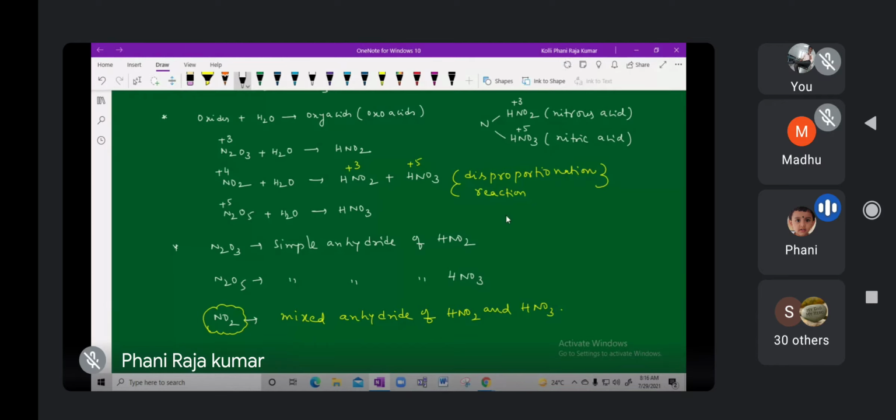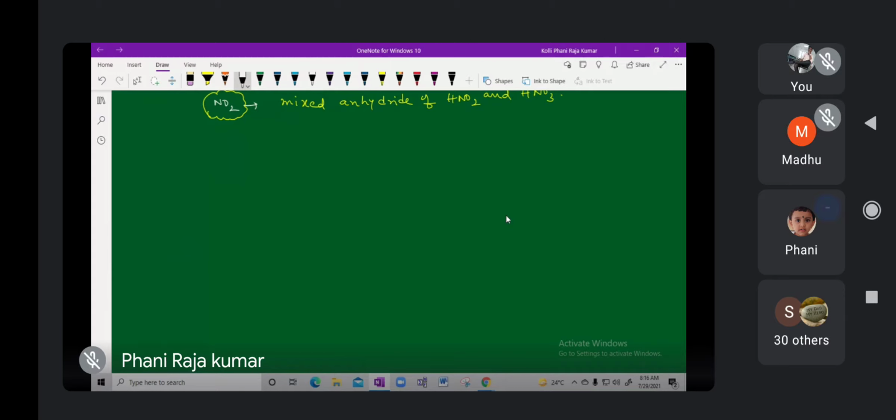Since N2O3 with H2O gives only one acid, N2O5 with water gives only one acid, whereas NO2 with water gives two acids. Based on this, next point. Now I'm reacting N2O3 with NaOH. Similarly, NO2 with NaOH. Next, N2O5 plus NaOH.